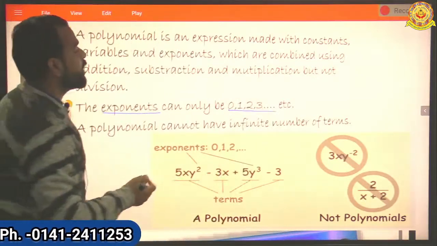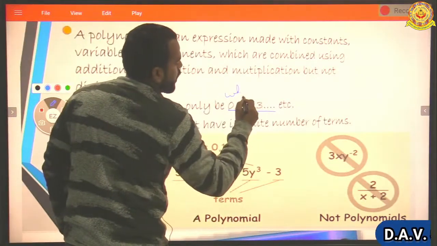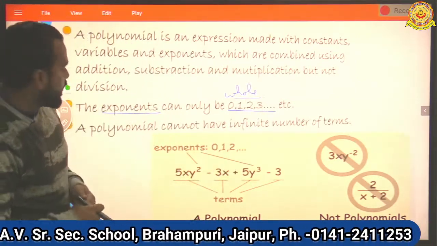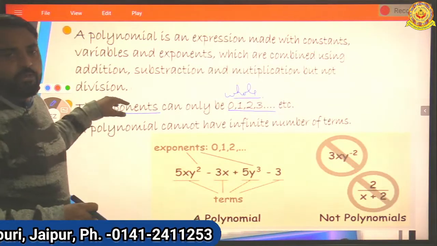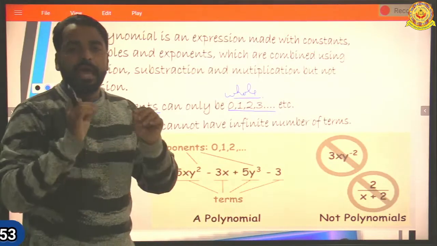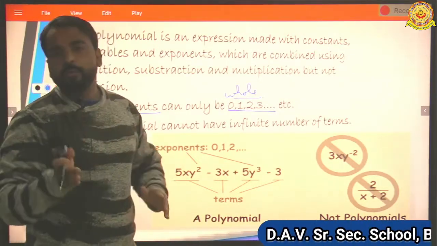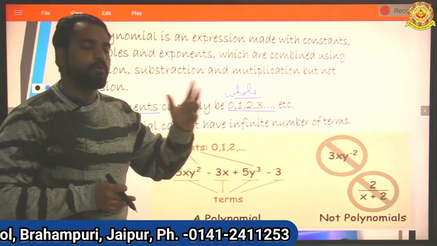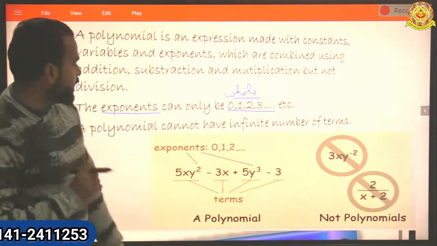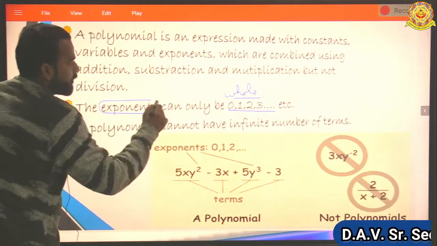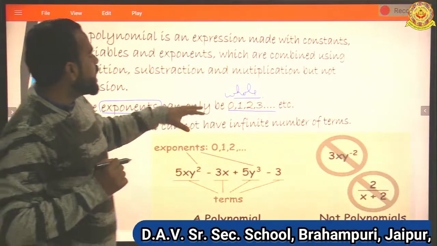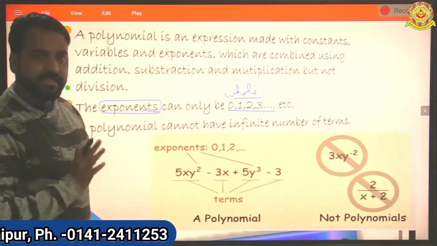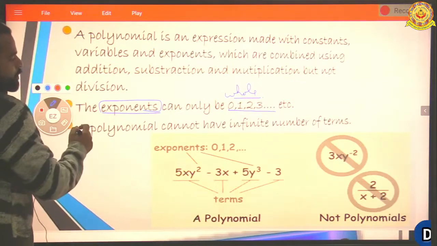That means the exponent can only be a whole number, like x raised to power 1, power 2, power 3, power 4. It cannot be power 1.5, or power 1 upon 2, or power minus 1 upon 2, correct? So every time the exponent will be a whole number only, 0, 1, 2, 3 and so on. Is it clear? All right.